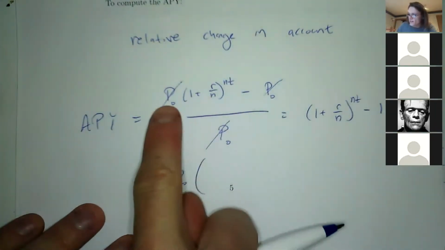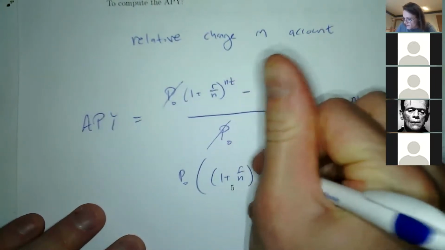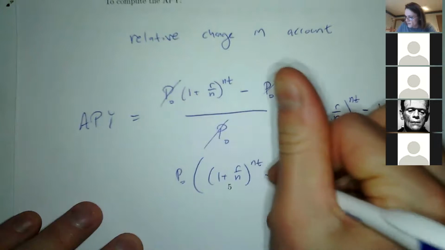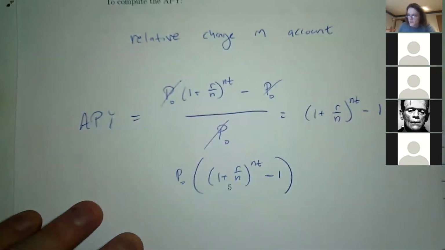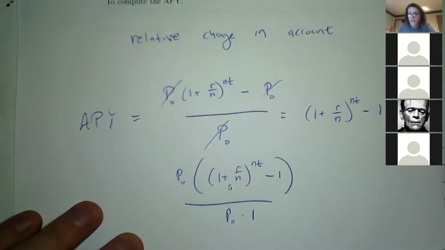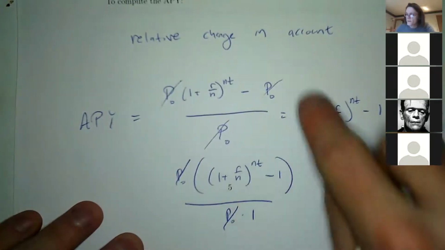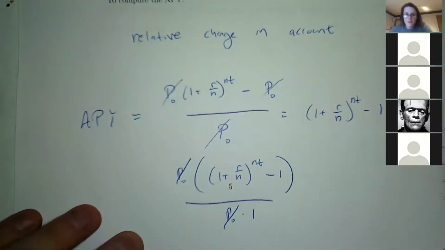So for instance, I'll factor from the numerator, and I get 1 plus r over n to the nt, and then -1. And then the bottom, I just get P naught times 1. And then I cancel those. And so in the bottom, I get 1, which you can ignore. But in the top, I still have that -1. And that's where it comes from. It comes from that P naught there. That makes sense. Cool.